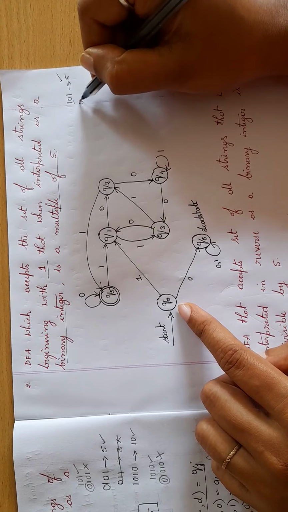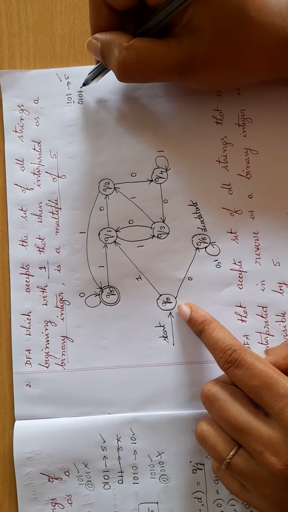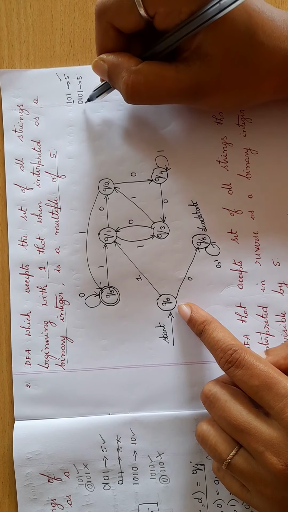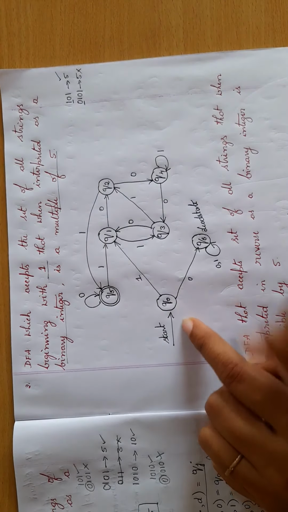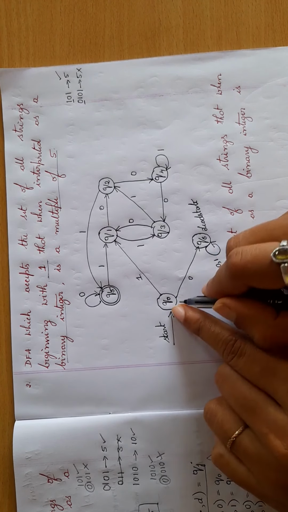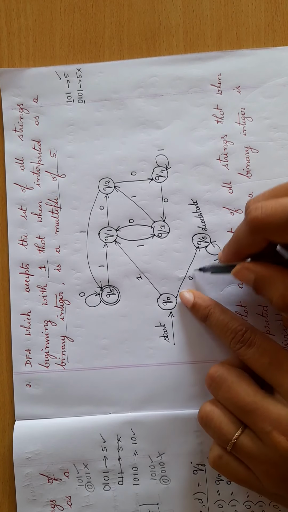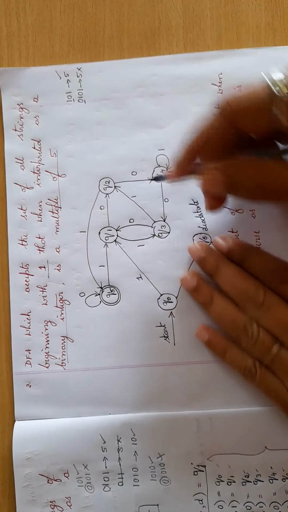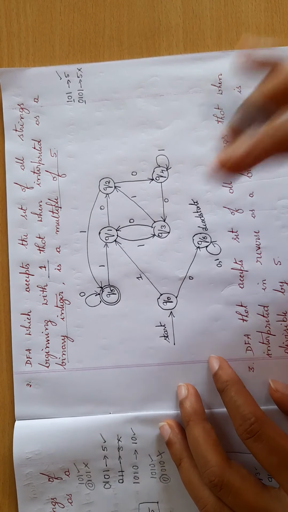Next I will take 0 1 0 1. 0 1 0 1 is also 5, but it is not starting with 1, so it is invalid. As soon as I read 0, it will go to the dead state. So if it begins with 0, it will not go here at all. Directly it will go to the trap state. So this is the solution.